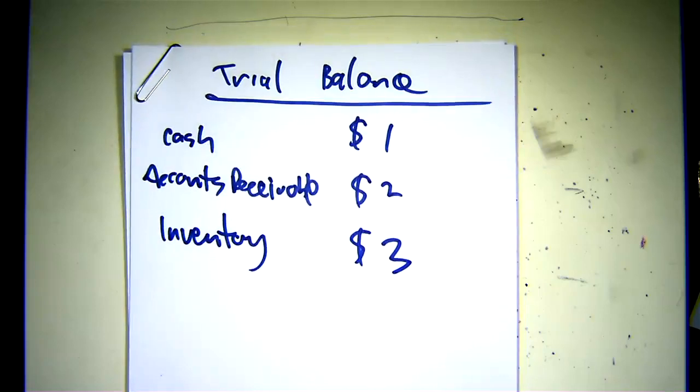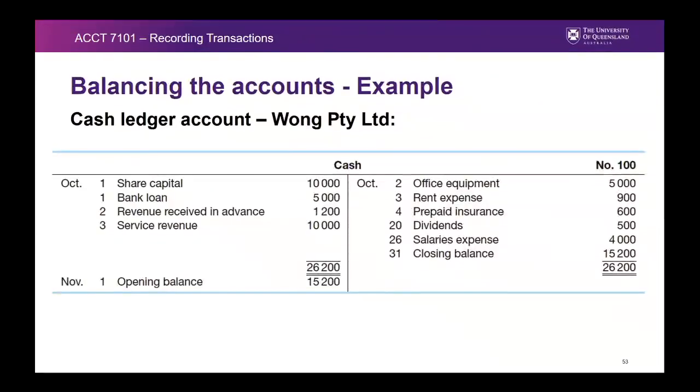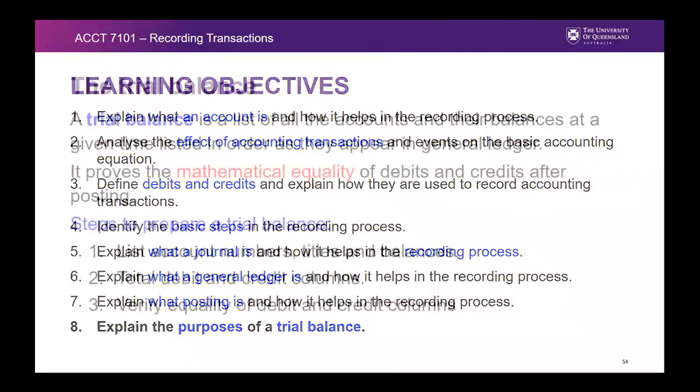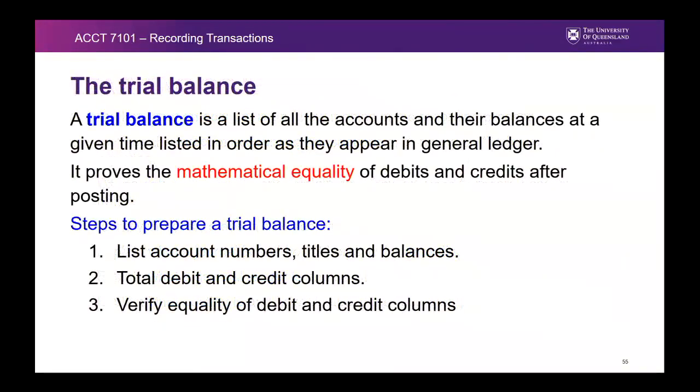So the process of creating the trial balance is I just take the closing entries from my ledgers for all my accounts, and I put them generally in an order there, and then the trial balance will tell me what's the closing balance of all my accounts. So the trial balance is a list of the accounts and their balances.